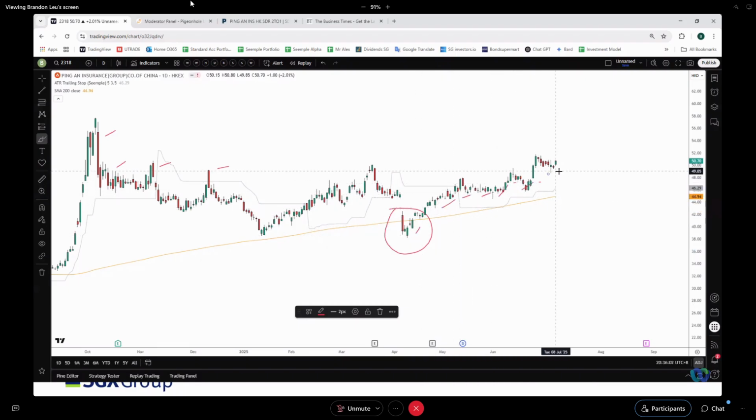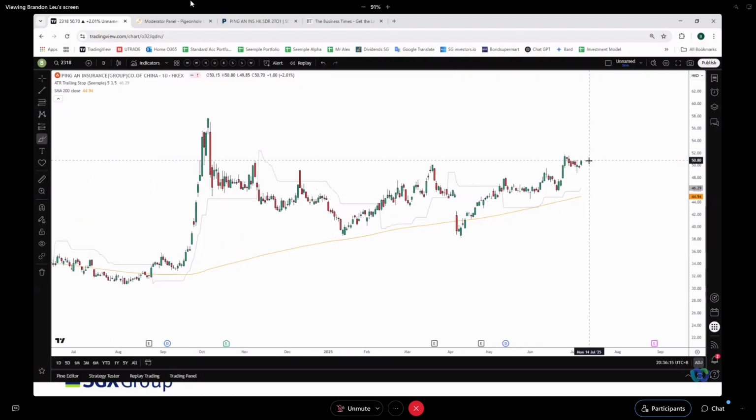So it also gives us a technical observation that this is more likely a transition from a supply to demand dominated trading range. It looks more like a reaccumulation than a distribution. And again, it's trading above the 200 days moving average.